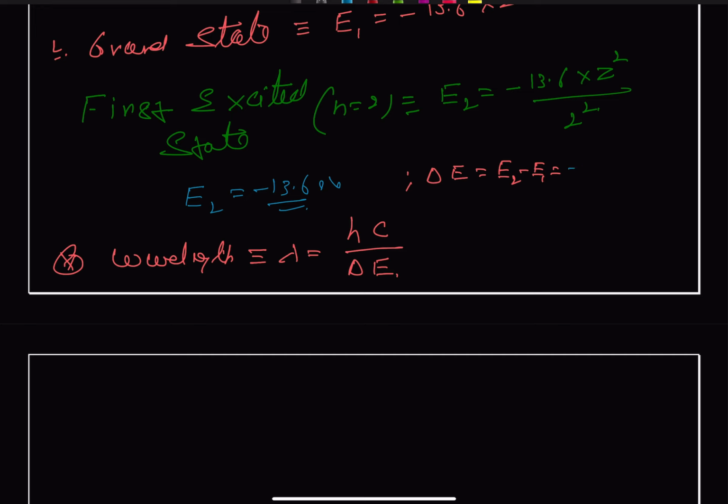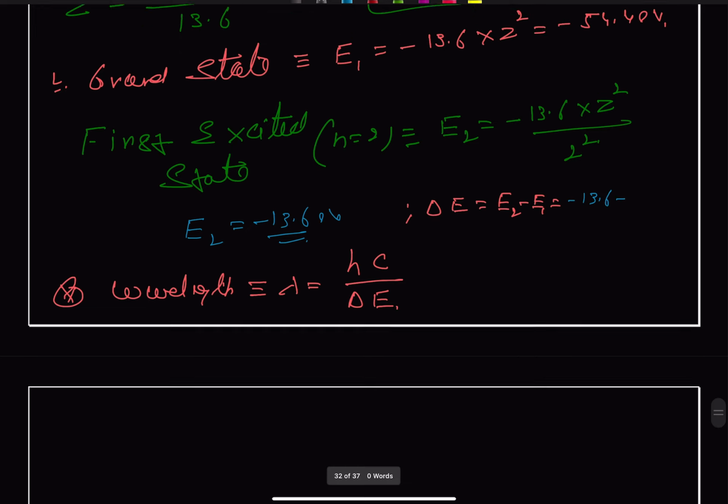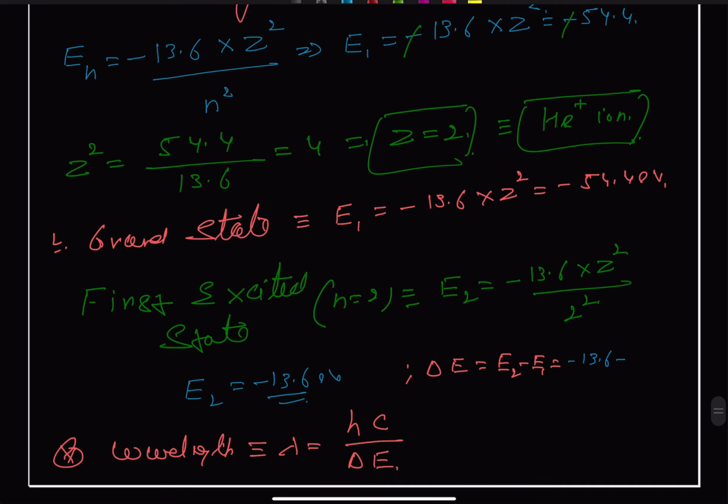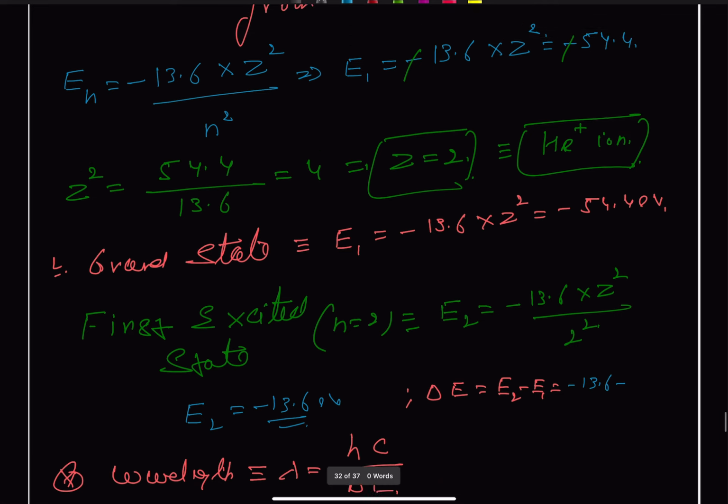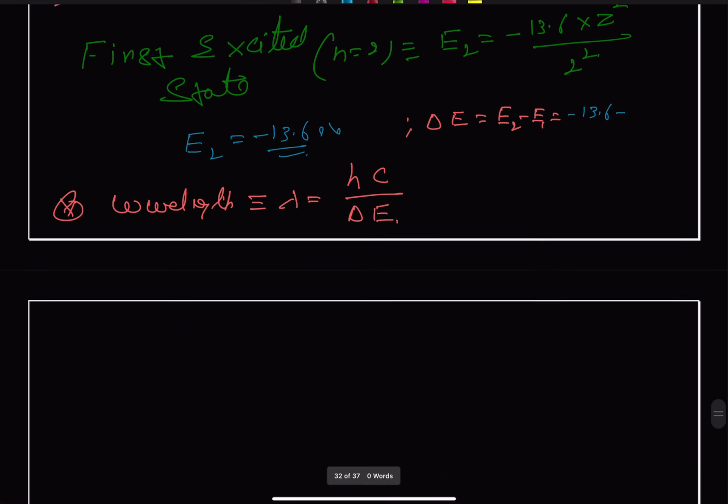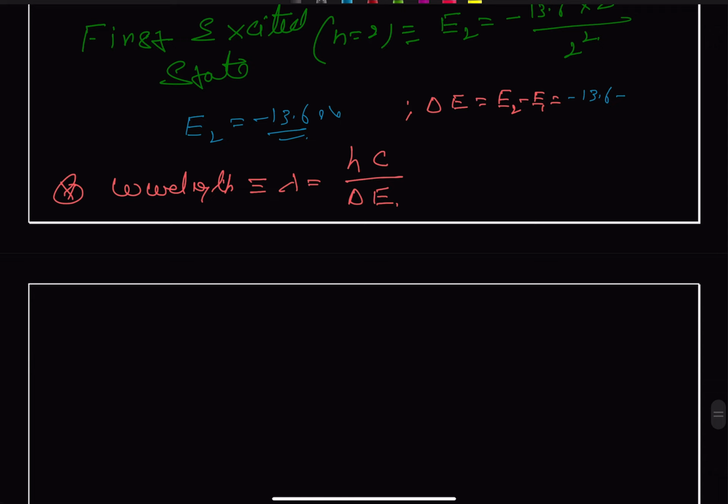So this comes as minus 13.6, and we have minus of E1, which is minus 54.4, and this will be coming as 40.8 electron volt.